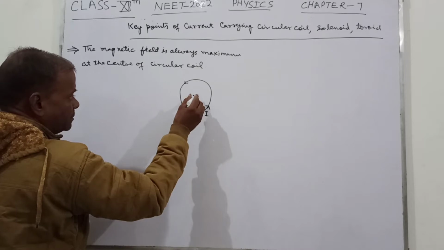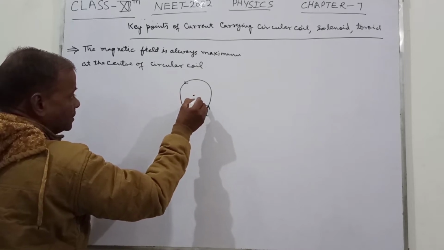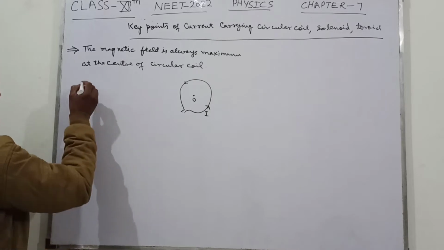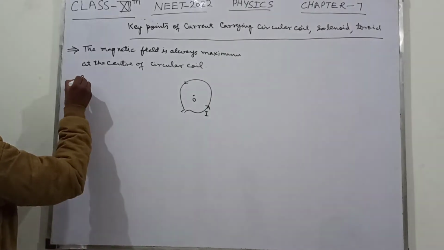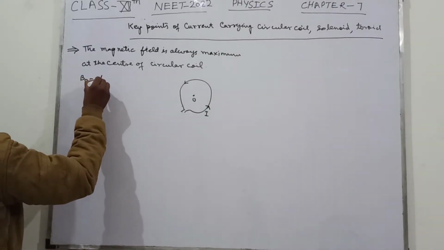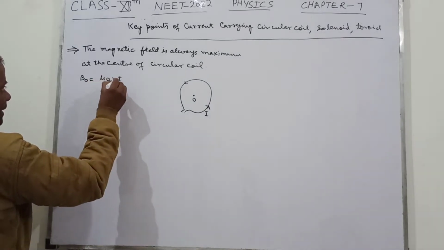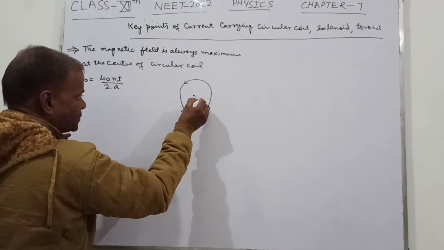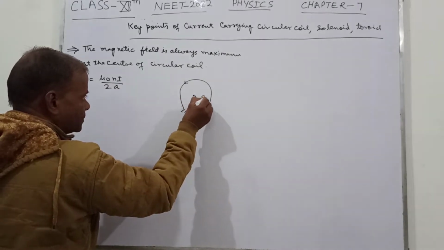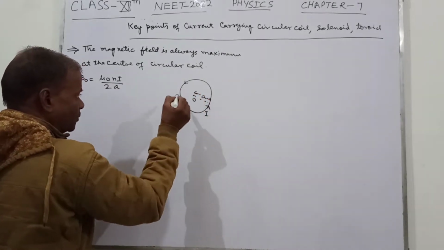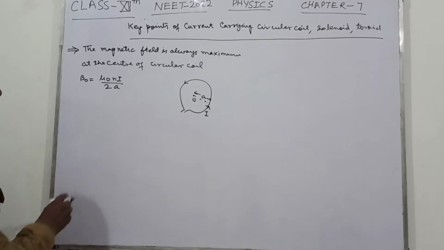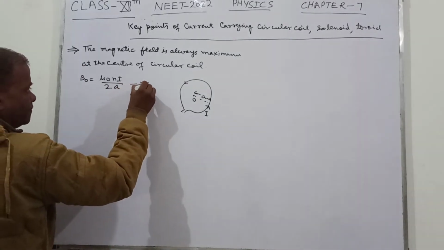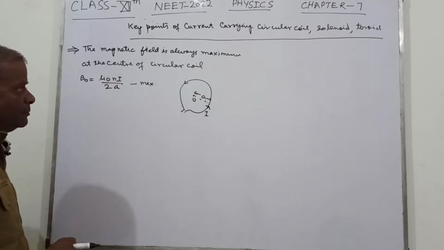This is the center, the center O. So this B naught is equal to mu naught N I upon 2a, where a is the radius of this coil. This is the maximum magnetic field.